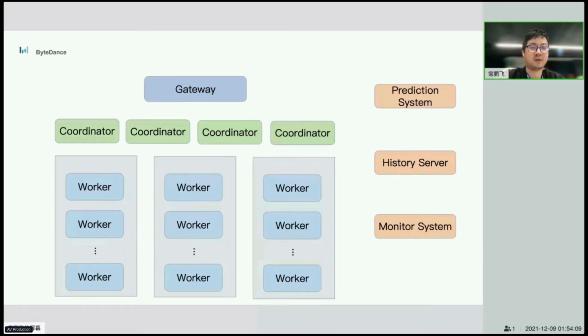The prediction system is responsible for predicting query execution time based on histograms and runtime statistics. The history server provides a UI for users to view their historical query execution information, and the monitor system collects metrics such as memory usage, CPU usage, and so on, to monitor clusters' operation status and send alerts.